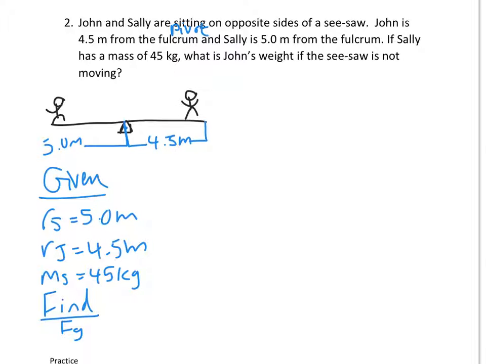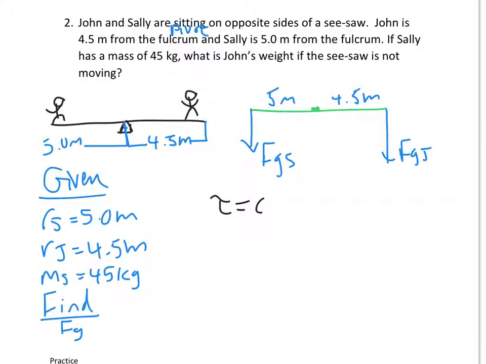I'm just going to redraw the diagram. So here's our pivot. We've got the weight of John, and we've got the weight of Sally. And then we have the distance. This is 5 meters, and this is 4.5 meters.